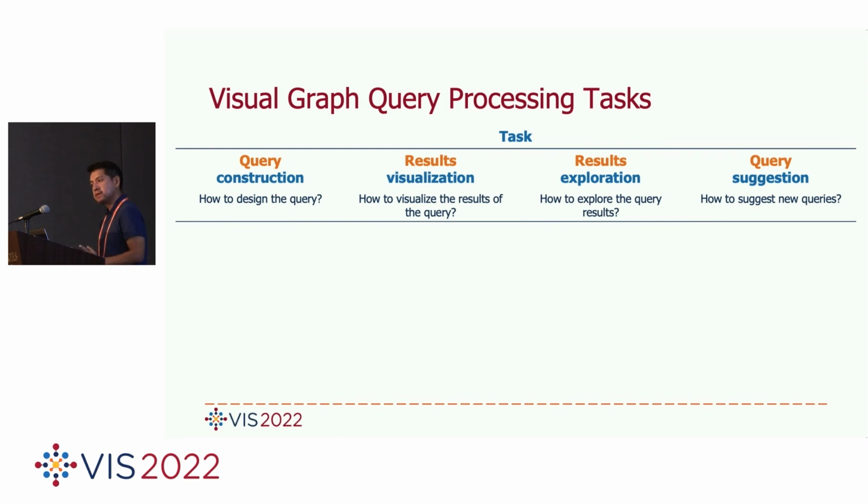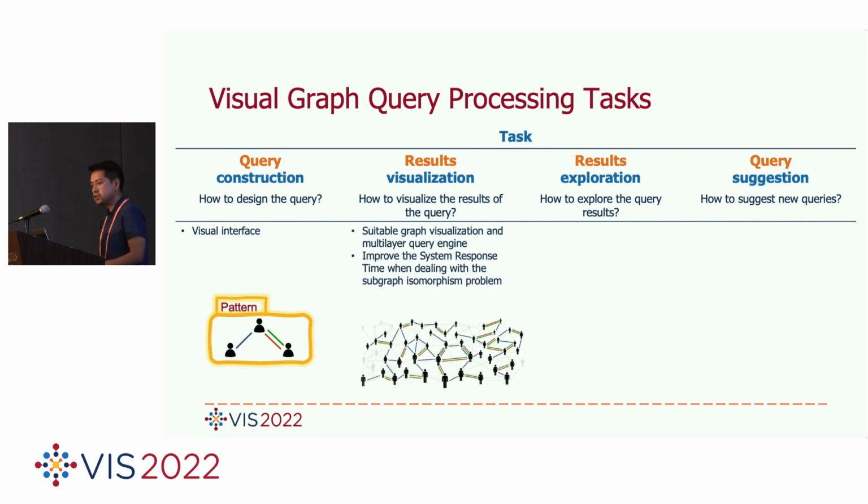Along with the subgraph matching technique, there are four tasks that a graph query system must perform. They are query construction, result visualization, result exploration, and query suggestion. The first task is related to how to design and construct the initial subgraph query.